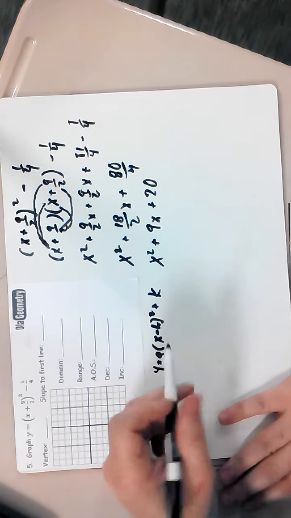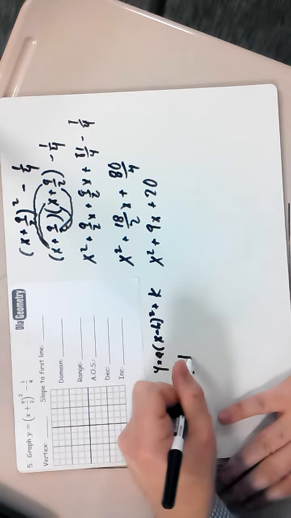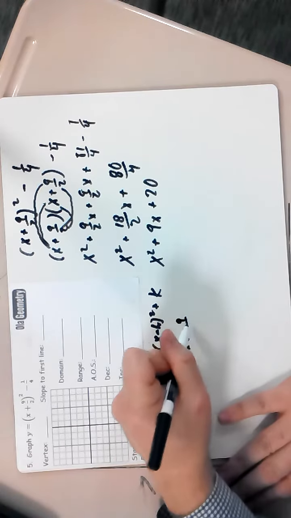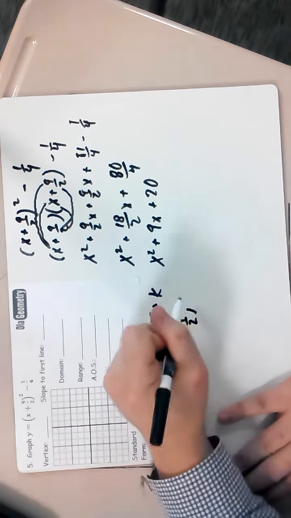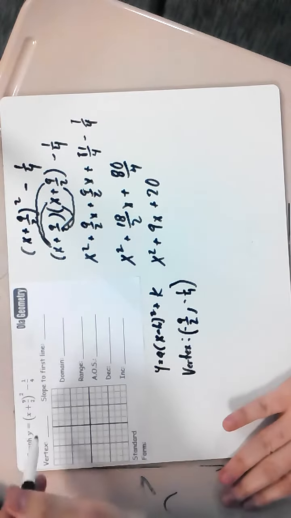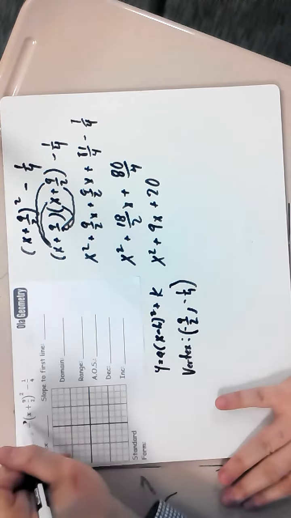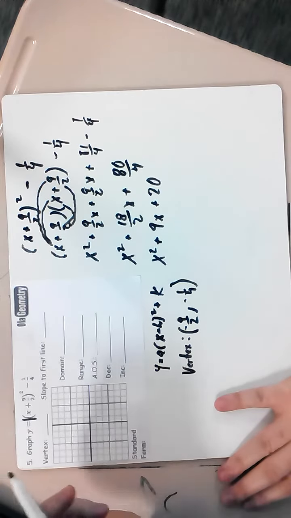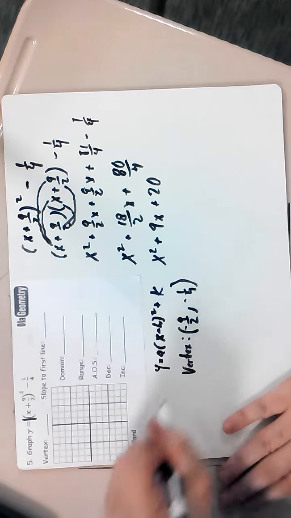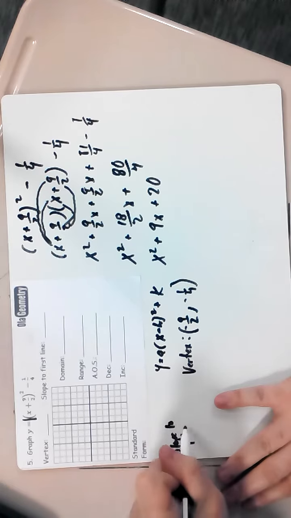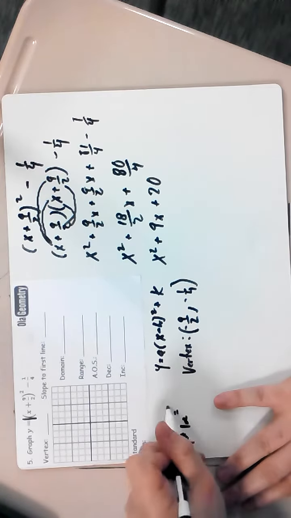So my vertex is negative 9 over 2 and then 1 over 4. My slope to the first line is a, and there's nothing here, so I'm going to write in a little imaginary 1. So slope to first line equals 1.